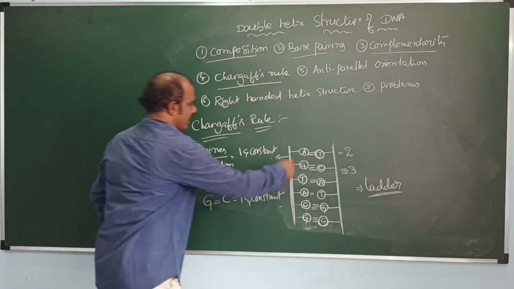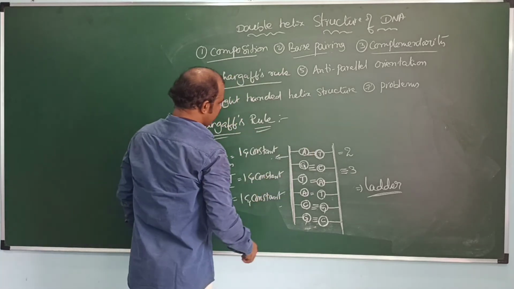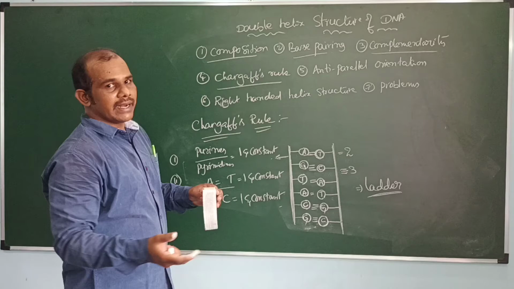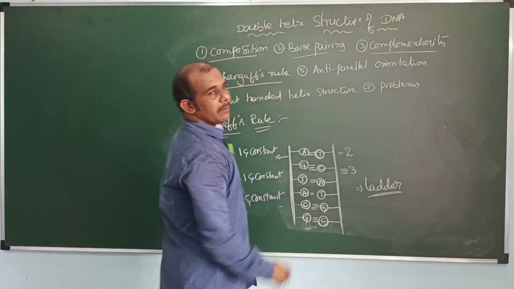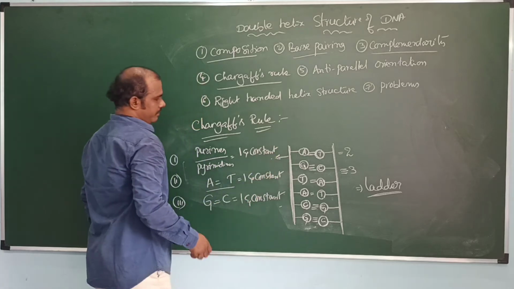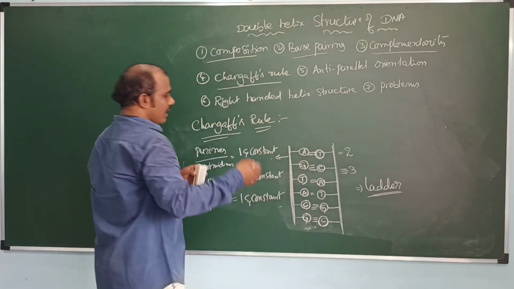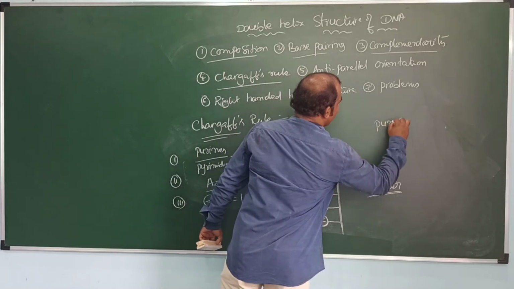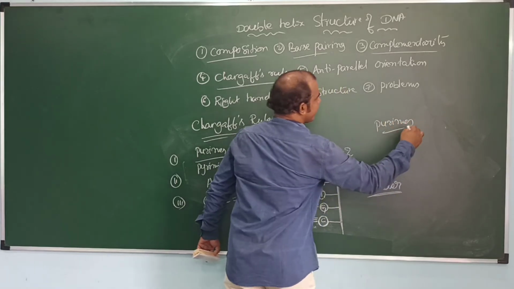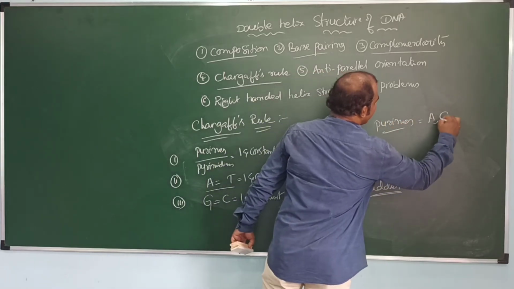Suppose we calculate these nitrogen bases. How many adenines are there? How many thymines? How many purines? How many pyrimidines? Let us count them. What are the purines present in DNA? Adenine and guanine.